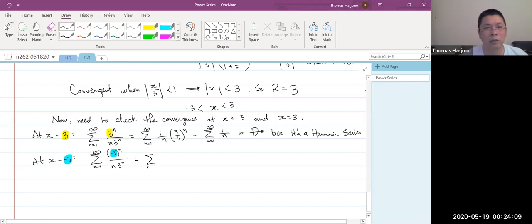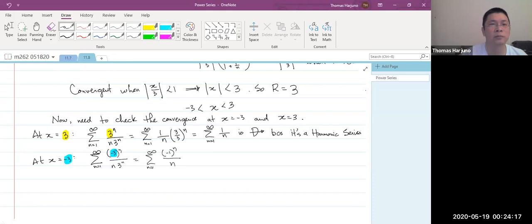We get the series from 1 to infinity of (-1)^n over n. Is that right?